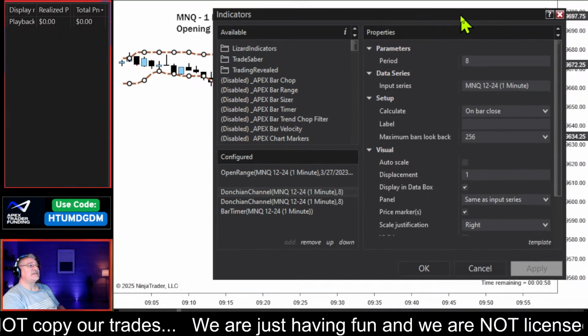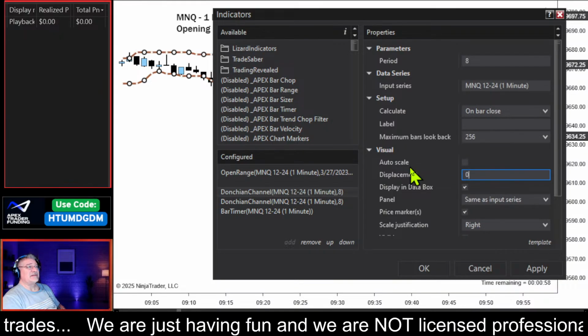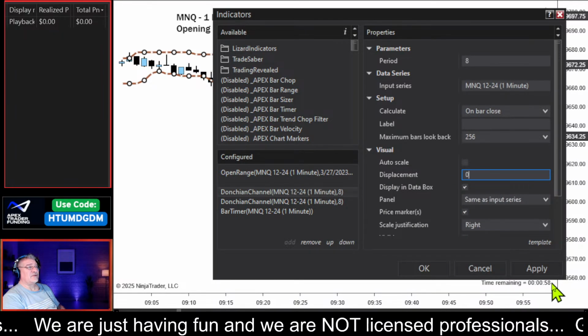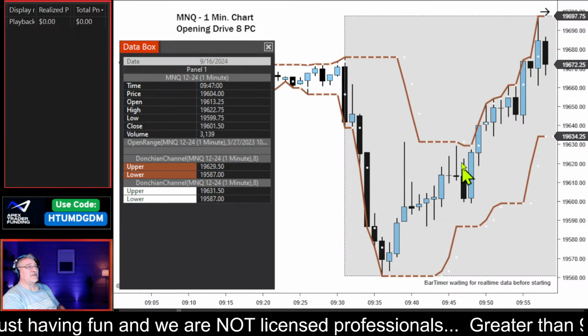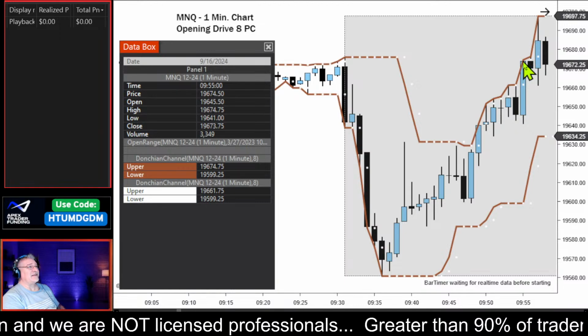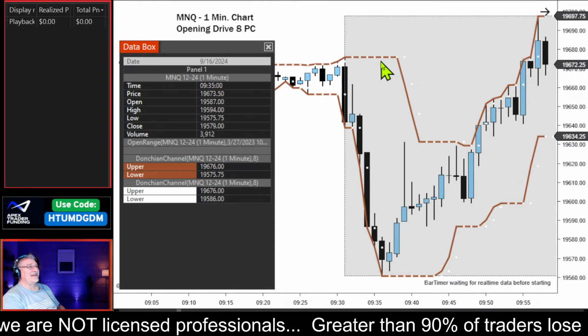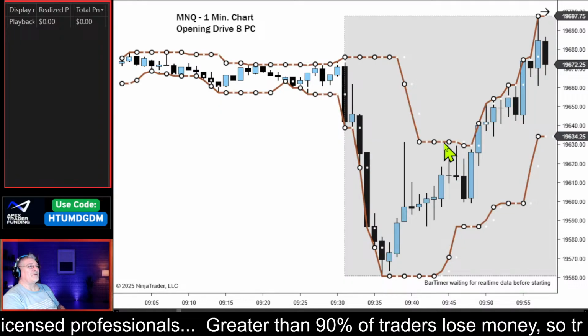Anybody going to watch this later on, there you go, displacement 1. If I set the displacement to 0, you'll never have a close outside the channel. See, it's impossible to get a close outside the channel. That's not outside. It's on the channel, but it's not outside. It'll never be outside. So you have to move it forward by 1 block.